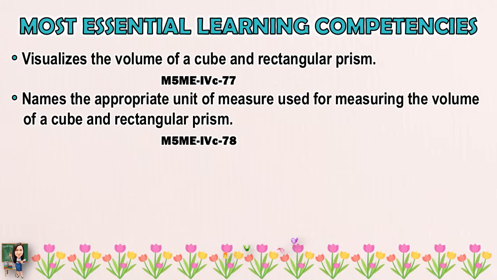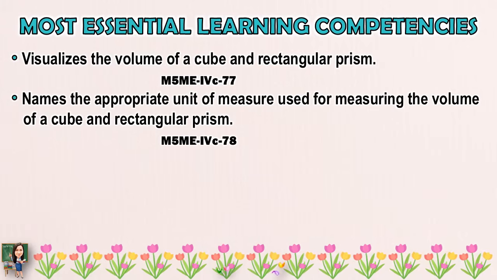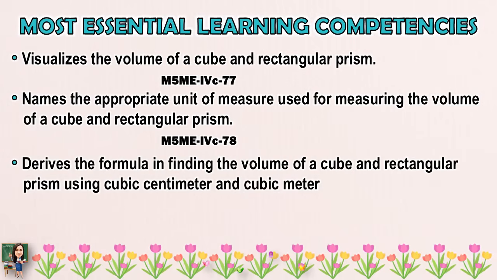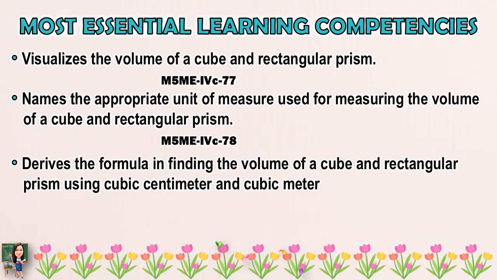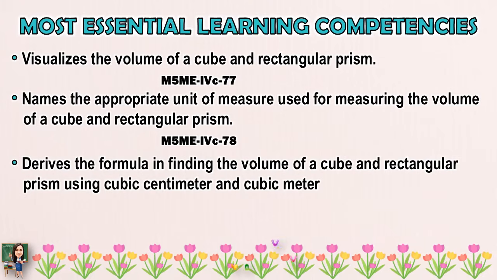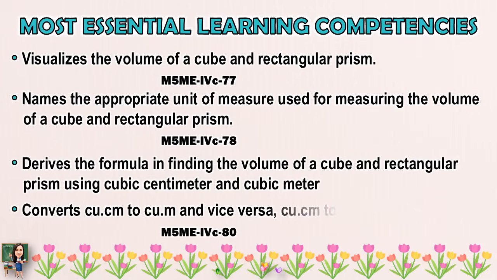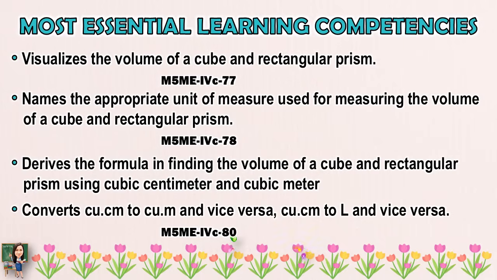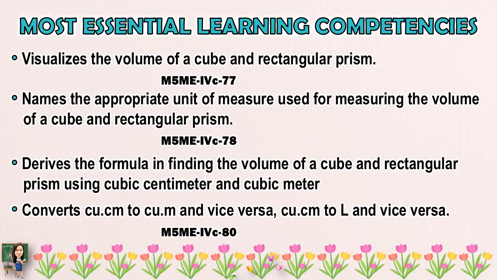Names the appropriate unit of measure used for measuring the volume of a cube and rectangular prism. Derives the formula in finding the volume of a cube and rectangular prism using cubic centimeter and cubic meter. And converts cubic centimeter to cubic meter and vice versa, cubic centimeter to liter and vice versa.